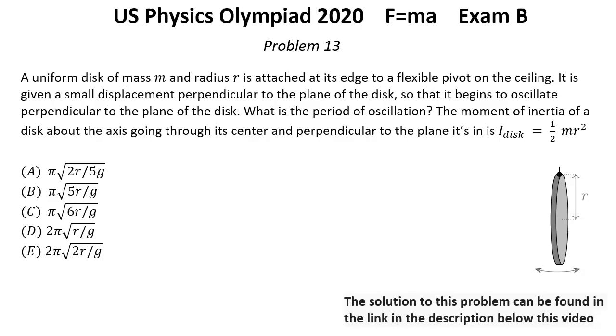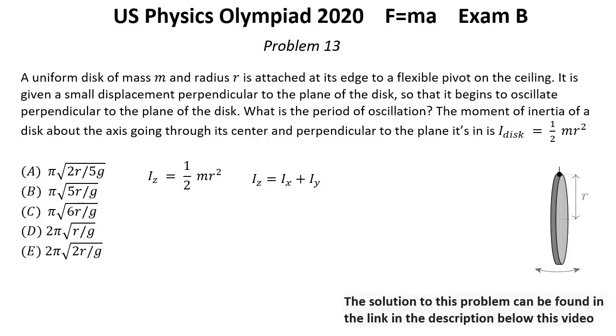If we orient this disk with the direction perpendicular to the plane of the disk as axis z, it means that Iz through the center of the disk will be 1/2 mr squared. Due to the perpendicular axis theorem, we have Iz equal Ix plus Iy, where Ix and Iy are moments of inertia around axes of rotation in the plane of the disk going through the center of the disk.